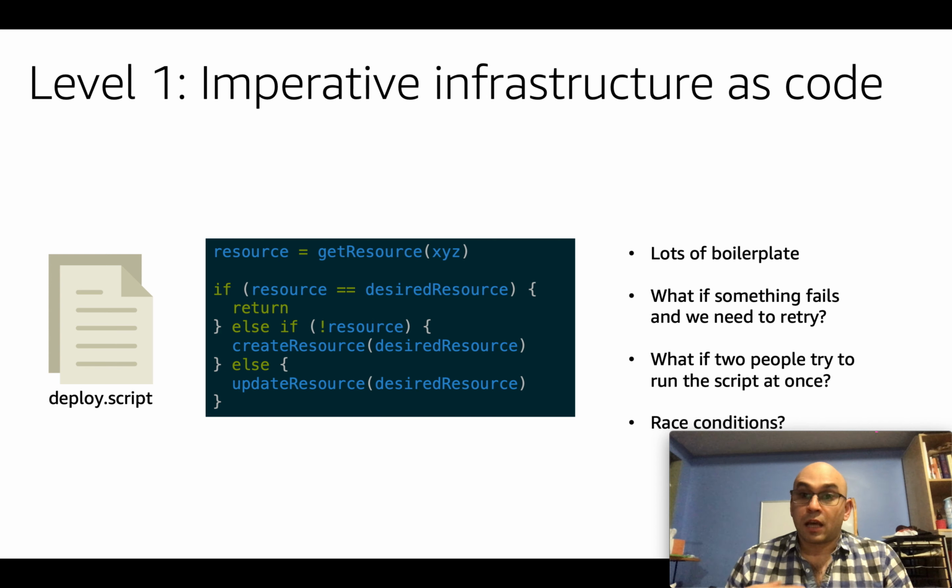Now, there's a lot of boilerplate as well, because you have to recreate a whole bunch of code every single time. So you have to have if statements to make sure that if something fails, then you either retry or you back off and delete all the other resources.